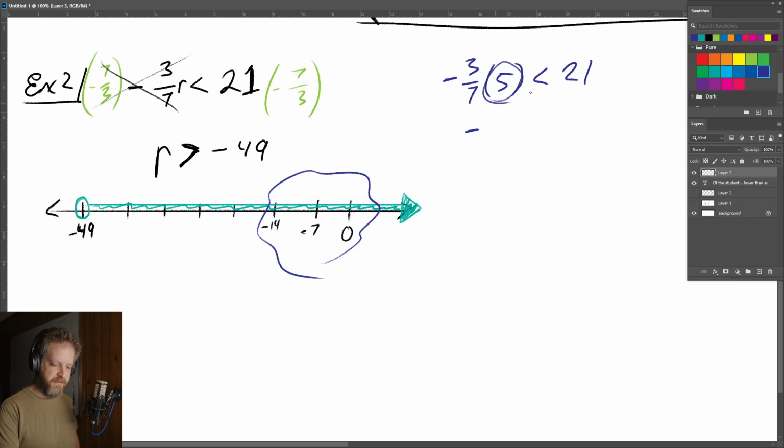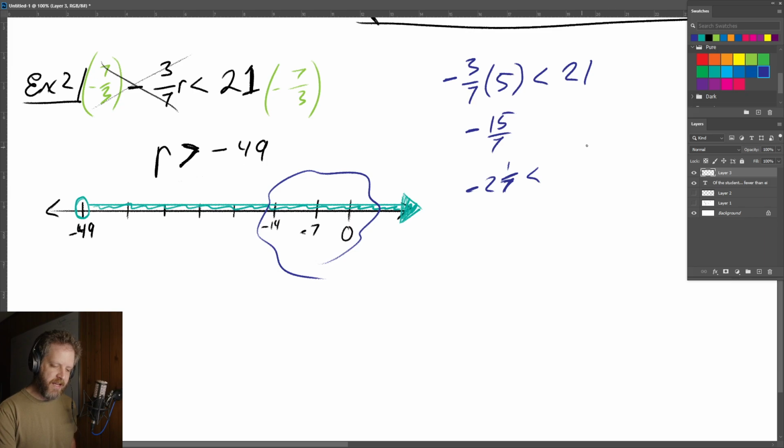You didn't do times 5. Negative 3/7 times 5 should be what? Yeah, negative 15/7 is what I got. Negative 15/7, which is negative 2 1/7, something along those lines.